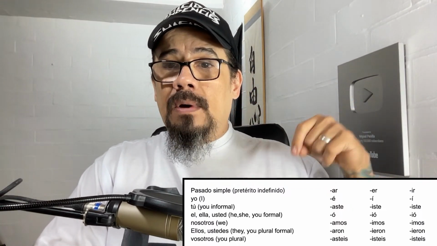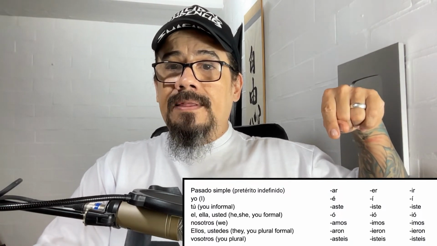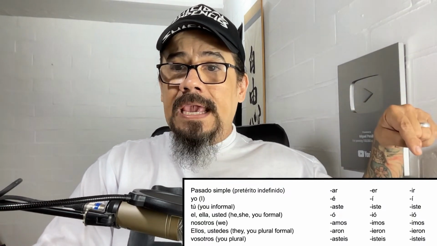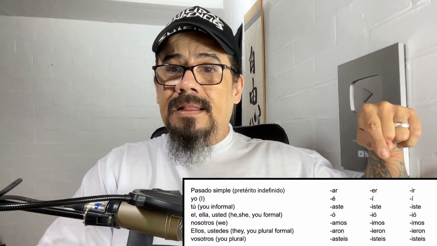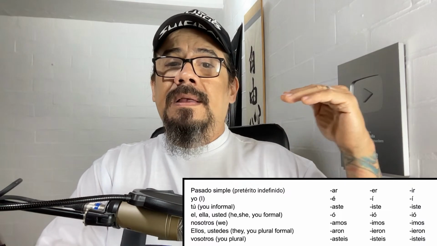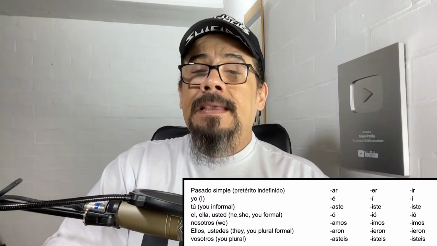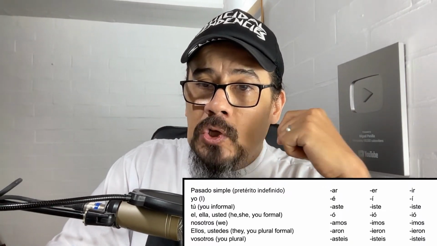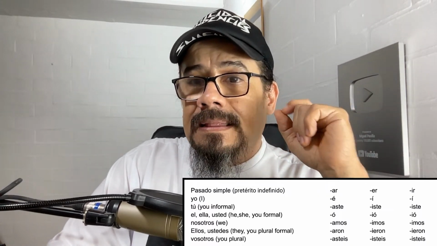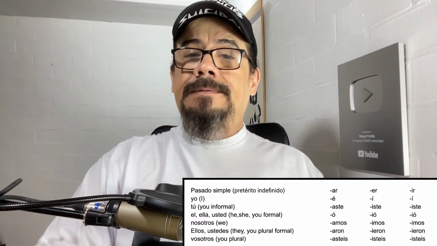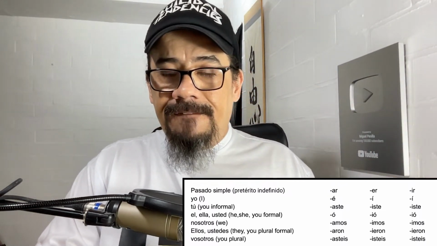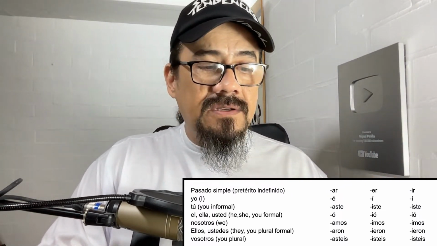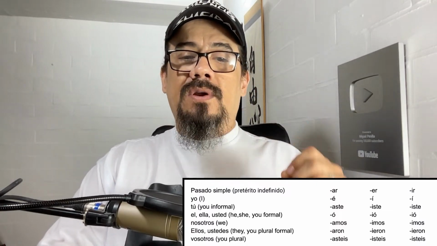In this table, what we do is we remove the ar, er, ir ending, and we replace it with any of these forms, depending on the subject. And that would give us the conjugation in pretérito indefinido, simple past. And that's what we have been doing for the past videos in this series of conjugating regular verbs. And that's what we're going to do tonight.